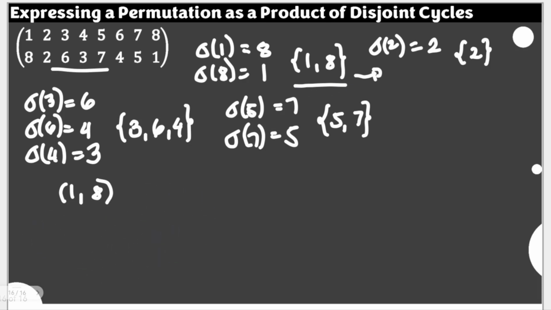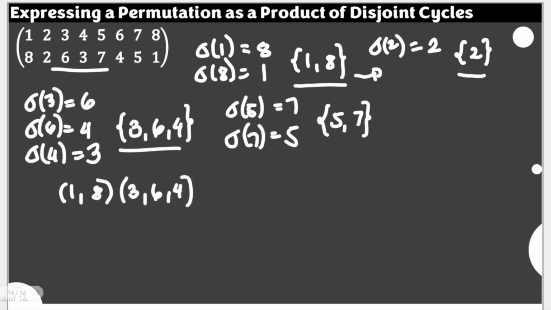Now let us consider this second orbit here. Since it only has one element, we cannot come up with a cycle containing that. So let's just leave that in the meantime. Let's consider this orbit here. The cycle that is separate from the given permutation is actually 3, 6, and 4.